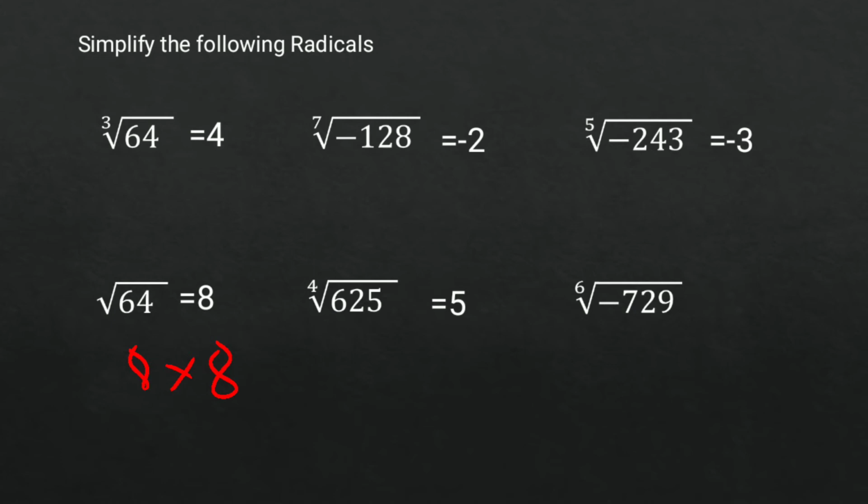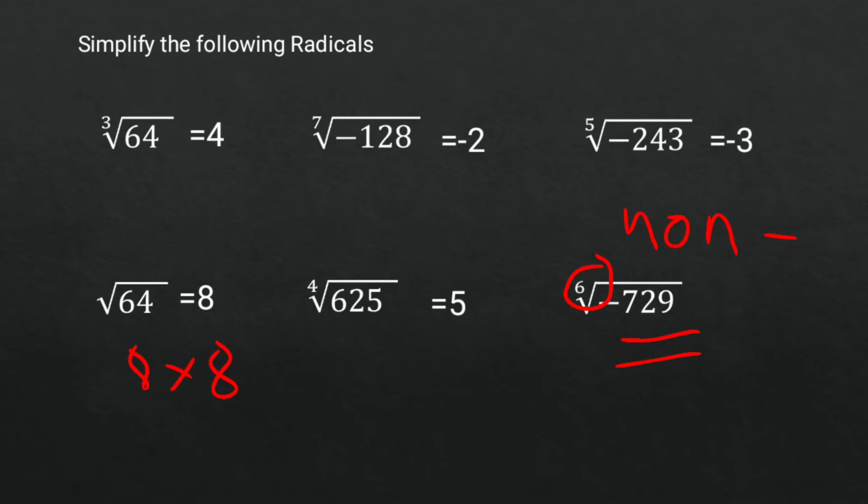For our last example, we have a special case. Just remember, if our index, or the nth root, is an even number, our radicand must be non-negative. Non-negative means it must always be positive if our index is an even number.